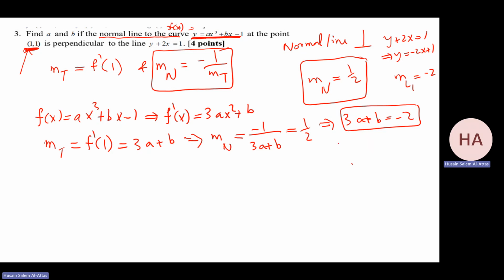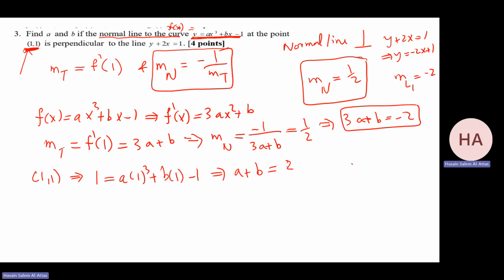So I have 1 equals a times 1 cubed plus b times 1 minus 1.